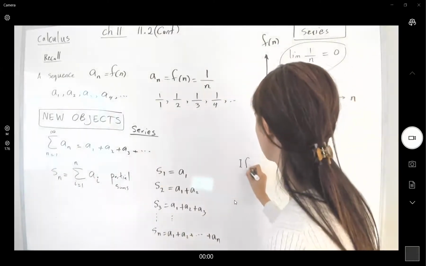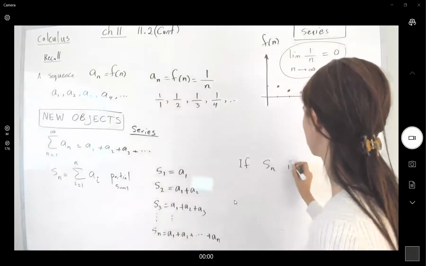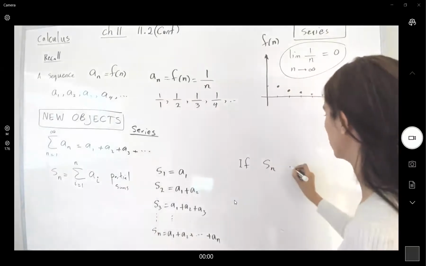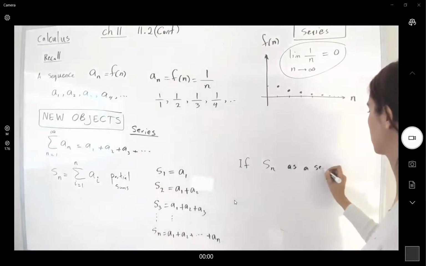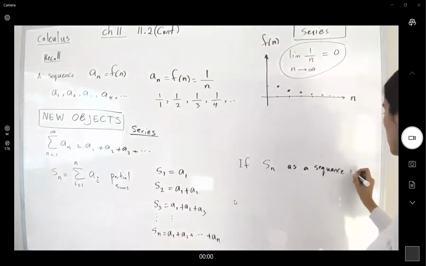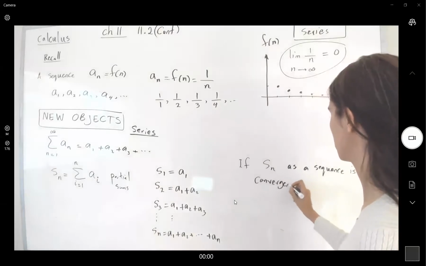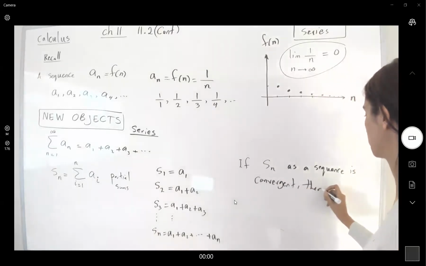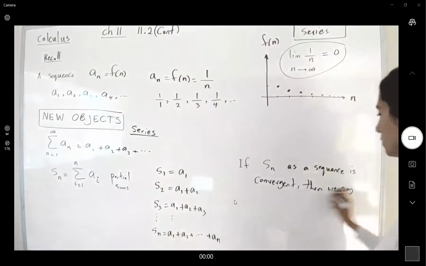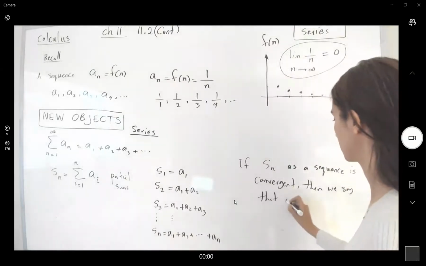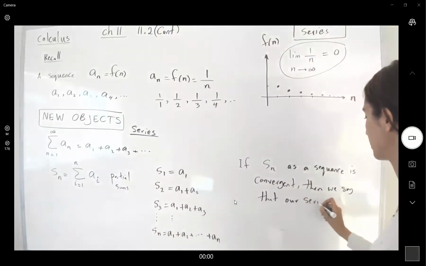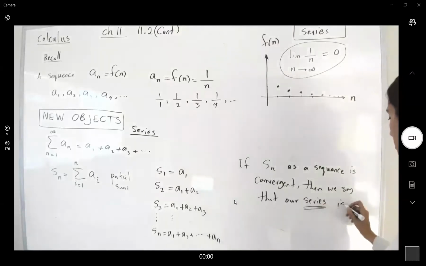So if S sub n as a sequence is convergent, then we say that our series is convergent.